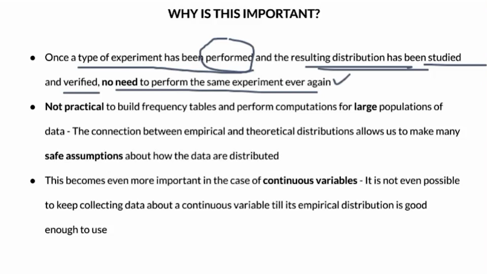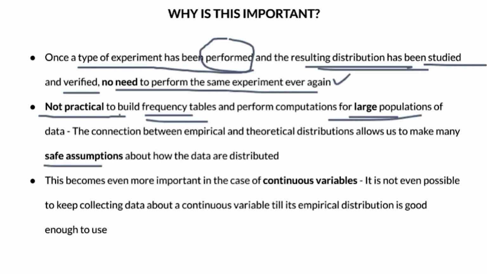It's not practical to build frequency tables when you have large populations of data. For each experiment, you might be dealing with 10,000, 100,000 data points. Counting each time and making a frequency table is unnecessary.